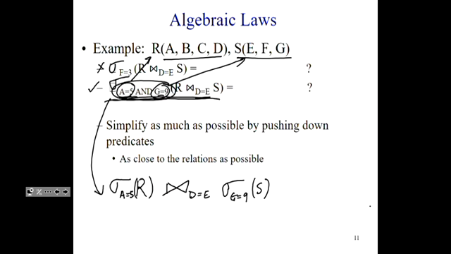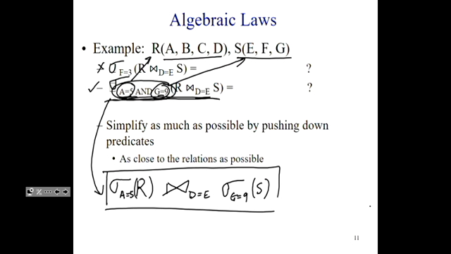And the reason I can do this is because A is equal to 5 does not affect S, and G is equal to 9 does not affect R. So I can take these predicates and push them in and have them closer to the relations. And so this expression is essentially going to give me the same result as this expression.